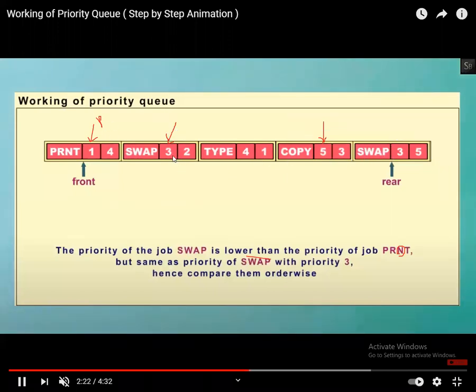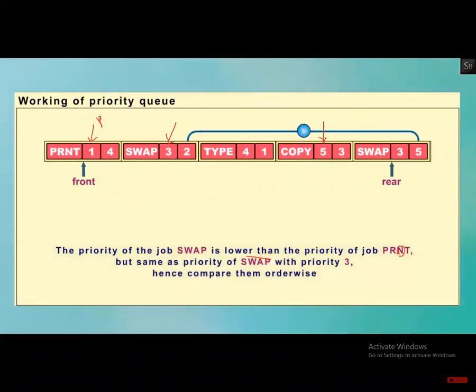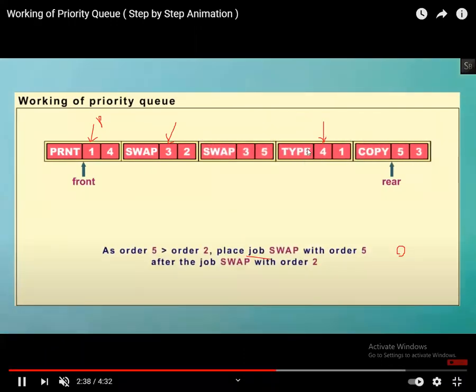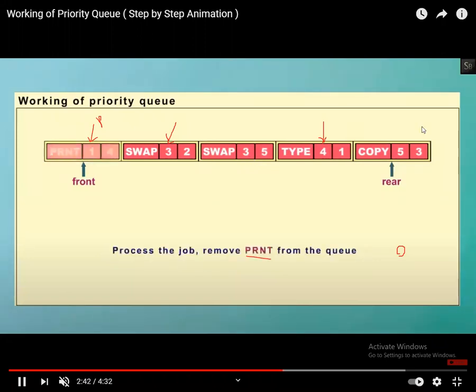See, the same priority is there. 3.2 and 3.5 have the same priority, but since 3.2 was inserted first, based on first come first serve, we are not going to exchange it. Whereas compared to other elements, priority 3 was higher compared to priority 5, so it got swapped.